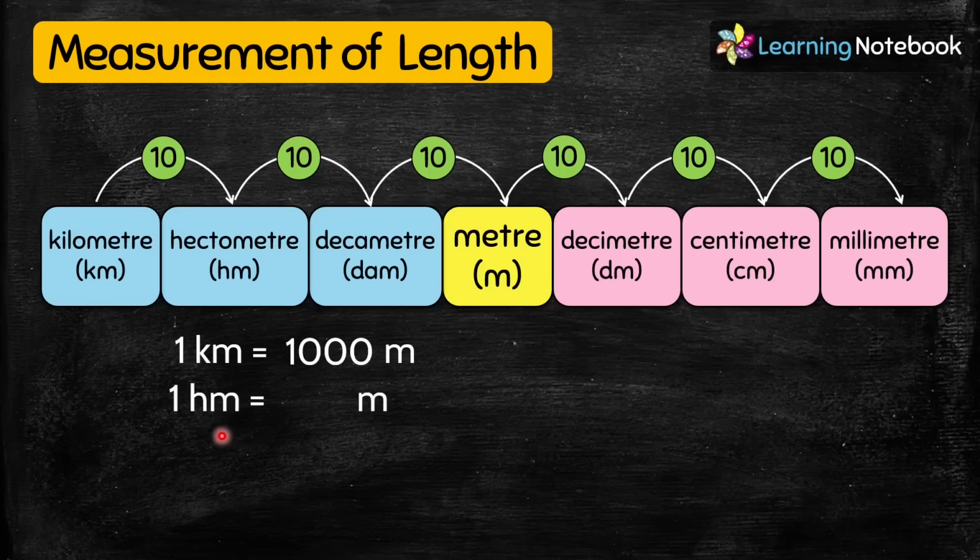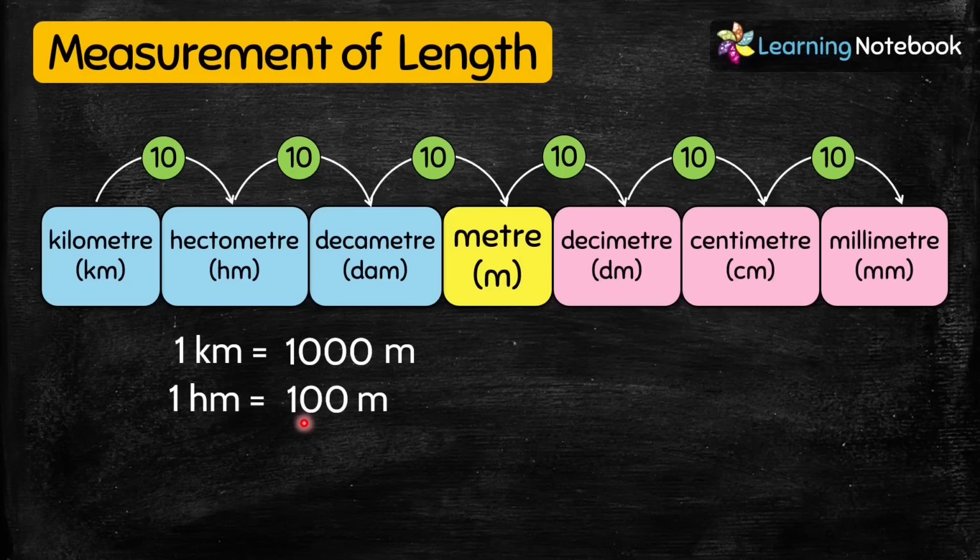Now again, 1 hectometer equals how many meters? So again, let's see how many times we need to jump from hectometer to reach meter. 1, 2. That is 2 times. So we will do 10 multiplied by 10, which is equal to 100.